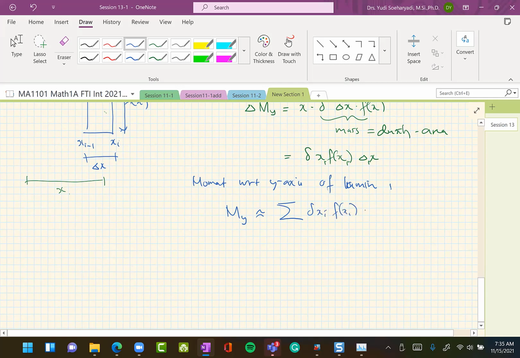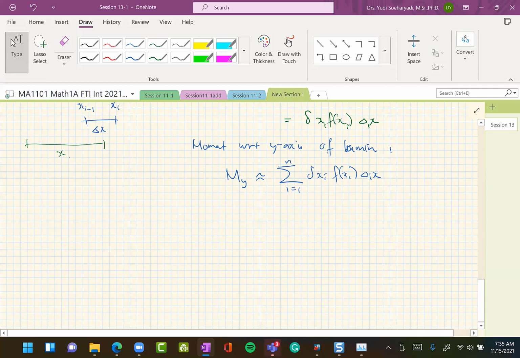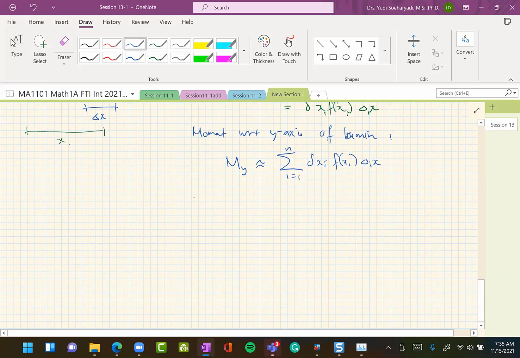And this is a Riemann sum. So we take the limit as usual.